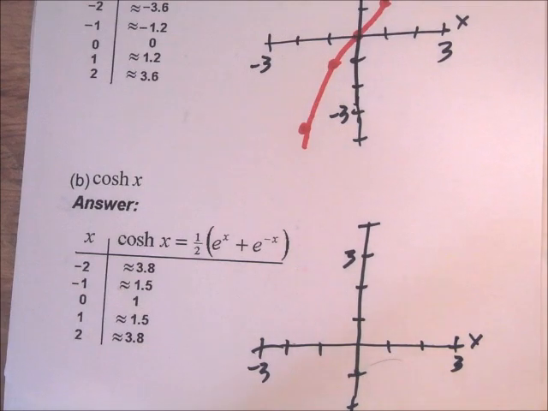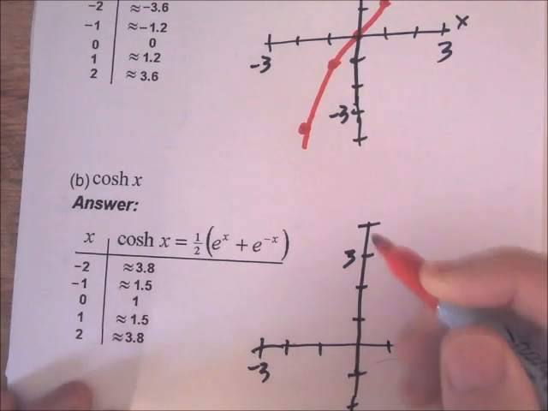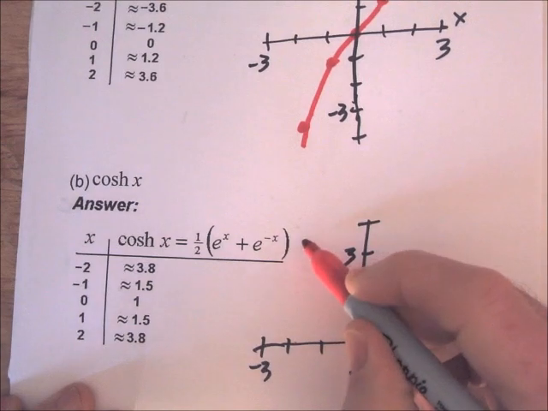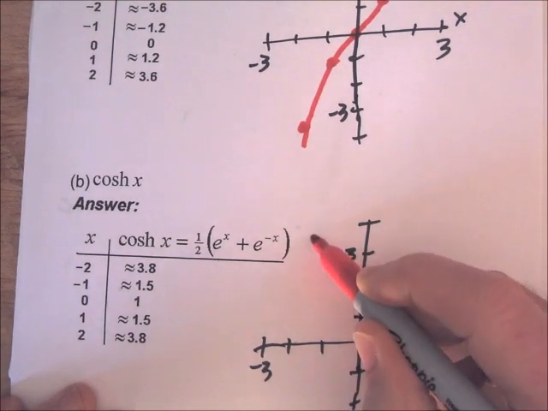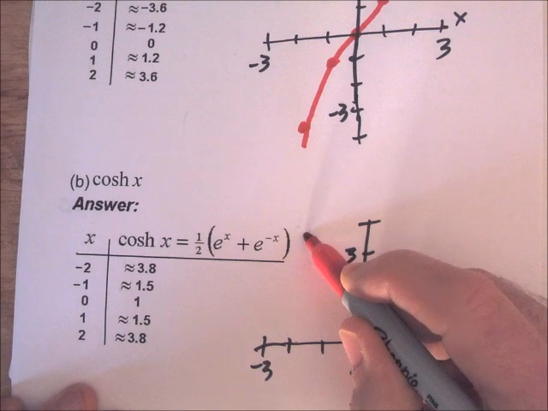Okay, so we have 2 to the left, up 3.8. So that's maybe about right here.